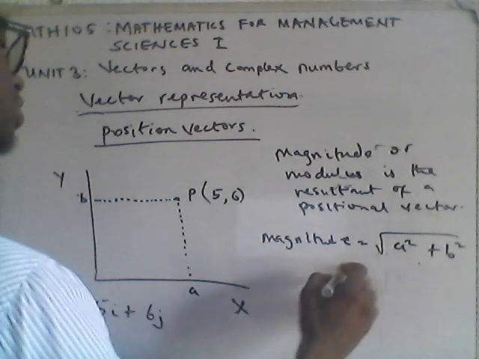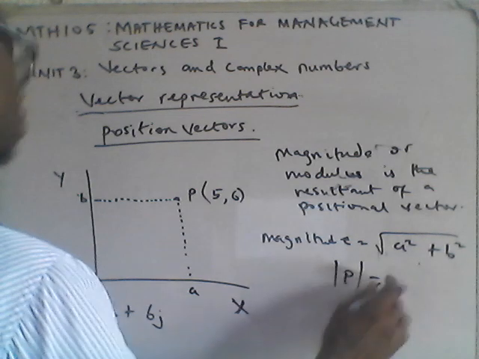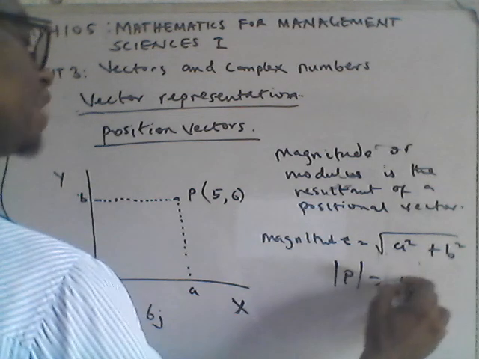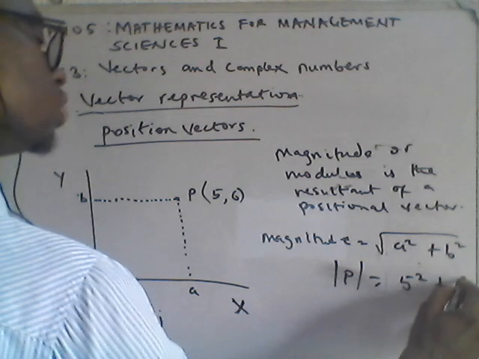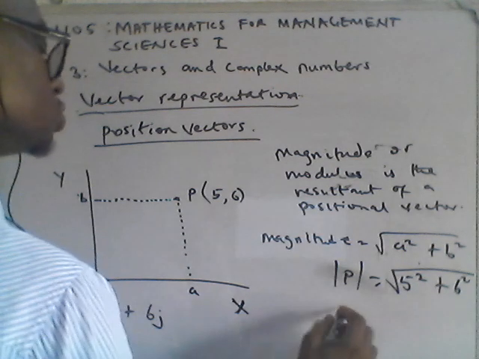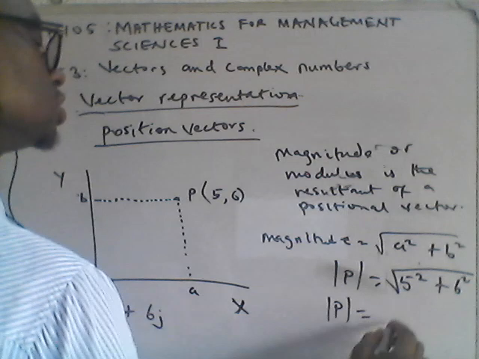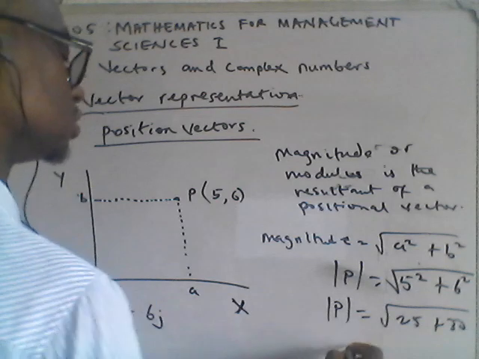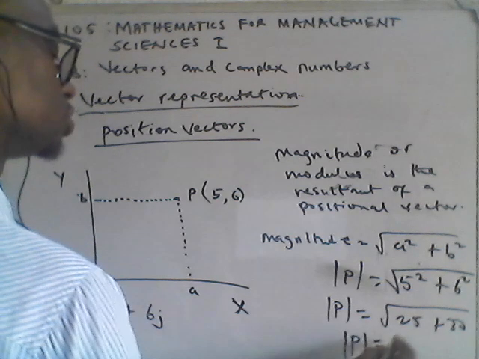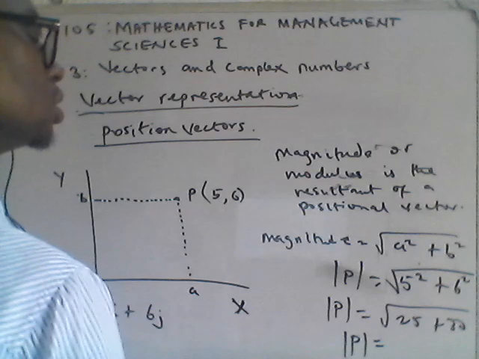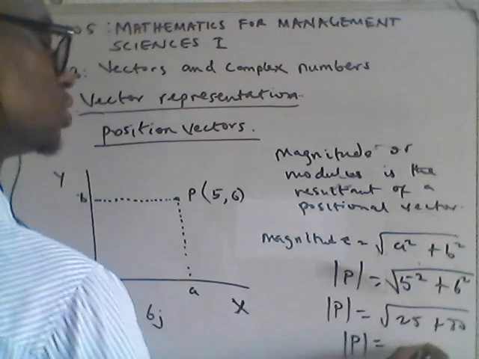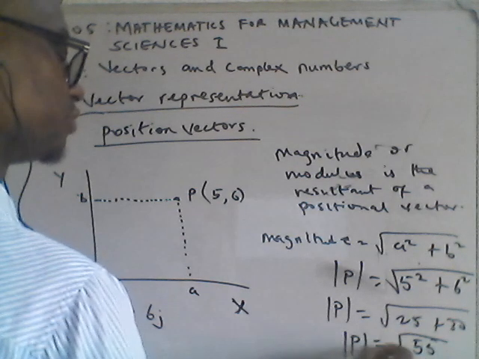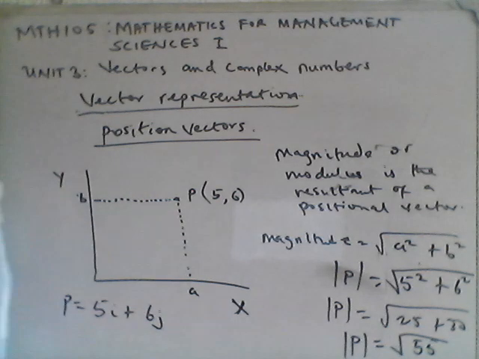It is equal to the square root of 5 squared plus 6 squared. So the magnitude or modulus is the square root of 25 plus 36. So the modulus of P is equal to the square root of 61. So that's the answer. If you express root 61 to its exact value, you will get the magnitude or modulus of that particular vector.